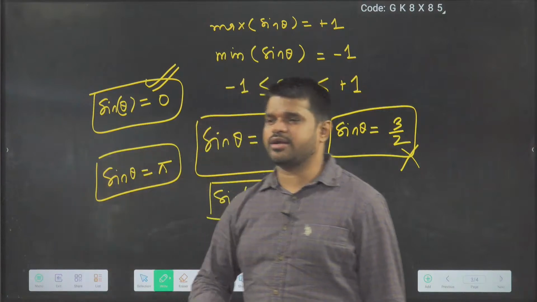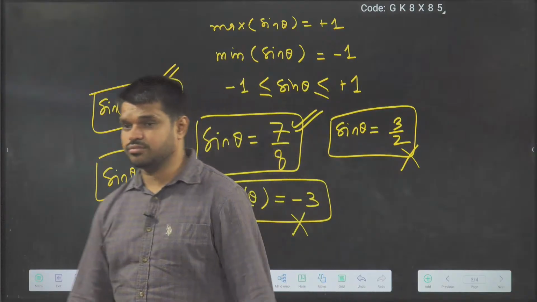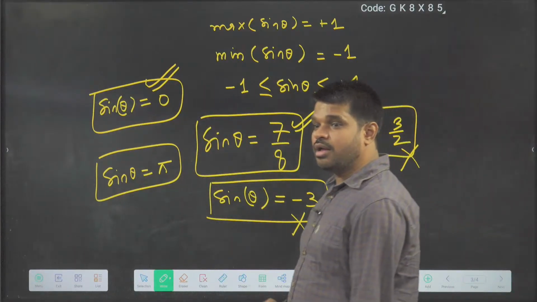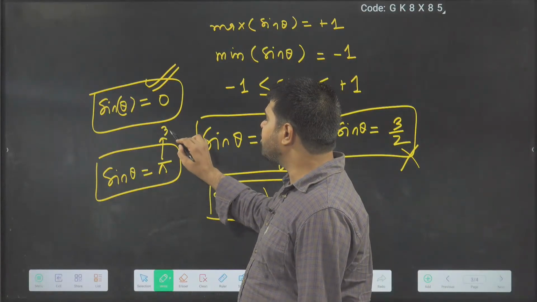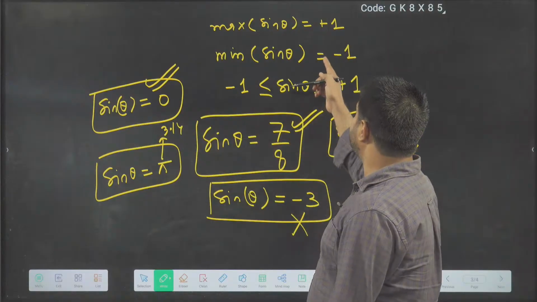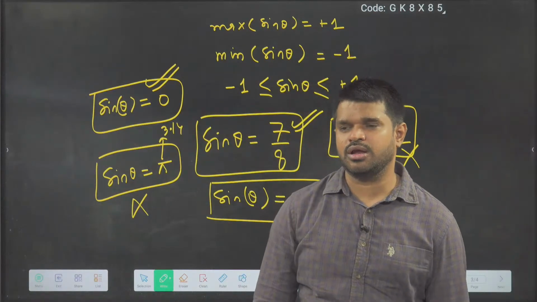Correct or incorrect? Incorrect. Pi is 3.14. 3.14 is more than 1. Not possible. Understood?